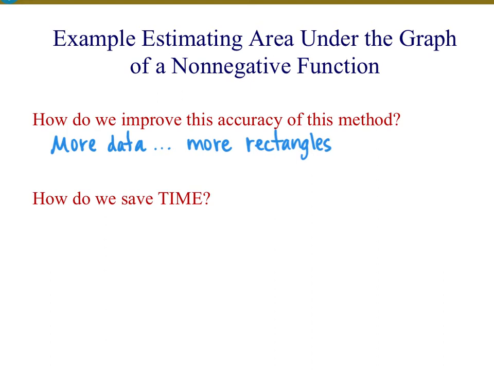But that's going to take forever. We'd love to be able to have lots and lots of data and do 100 rectangles, and then we're going to really have some accurate values, but we don't have an infinite amount of time. So now we're going to use programming to save time, and that's where the RAM program comes into play. So we really have an advantage over the Greeks.